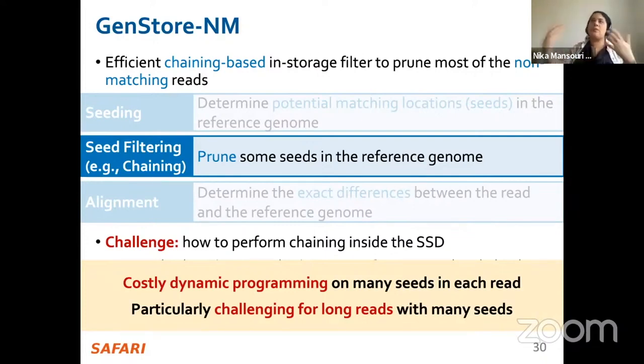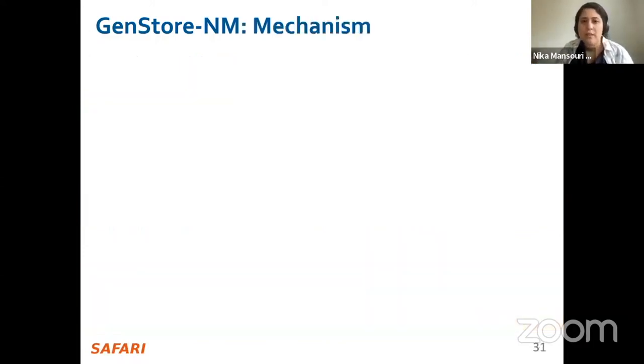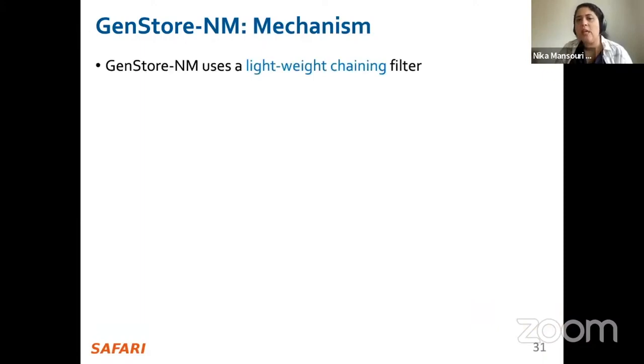So we need to perform these dynamic programming operations inside the SSD, and to perform them in a performant way, we would need a lot of buffer space and a lot of parallelism inside the SSD so that we can filter at high throughput, which would incur high cost. So what can we do to reduce the cost of chaining?